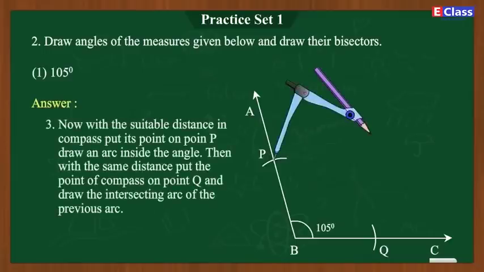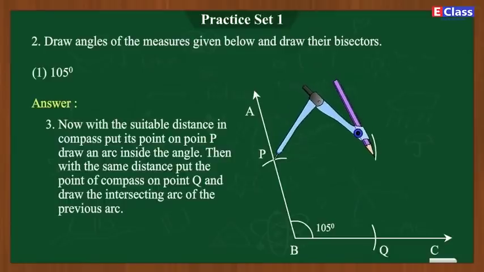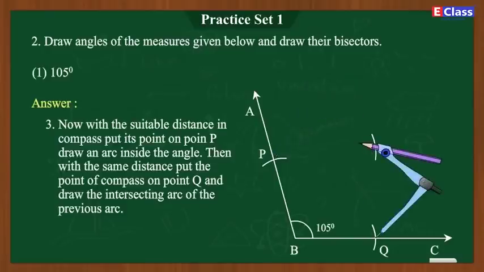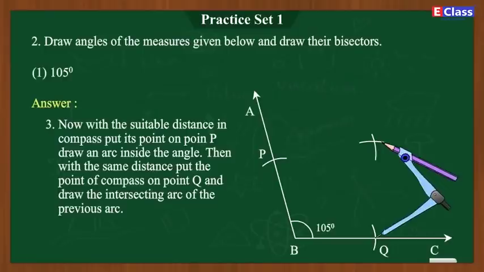Now, with a suitable distance in compass, put its point on point P and draw an arc inside the angle. Then, with the same distance, put the point of compass on point Q and draw an arc intersecting the previous arc.